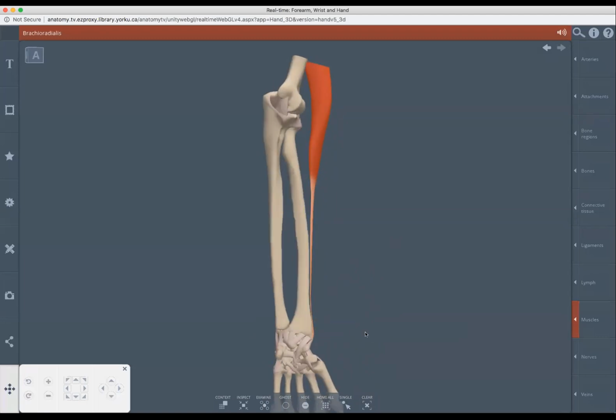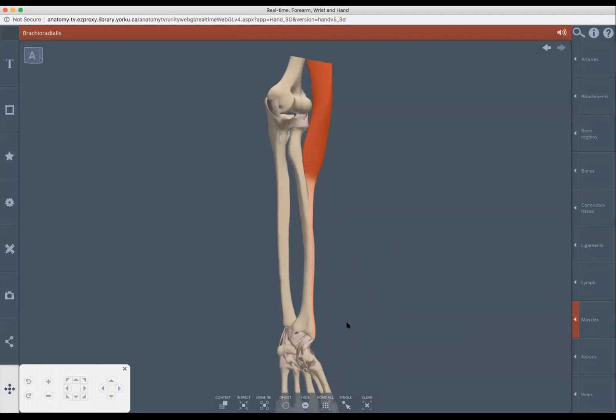Okay, now if you want to see where your brachioradialis is on yourself, what you can do is put your upper limb in front of you with your thumb facing up and kind of make a fist as if you're holding a mug or something, okay? So thumb up, holding a mug, and then use your other hand to push down on your thumb and push up to see your brachioradialis kind of pop out, okay?